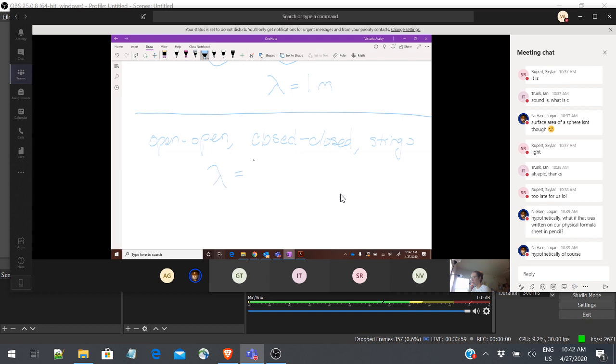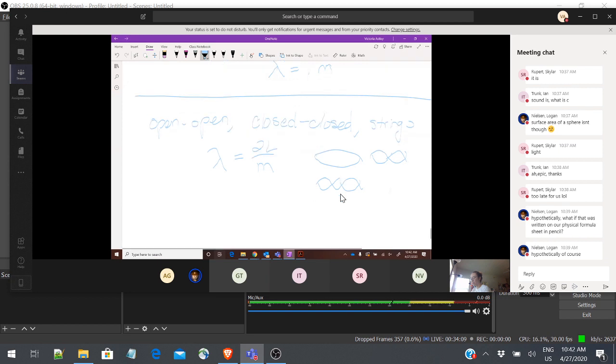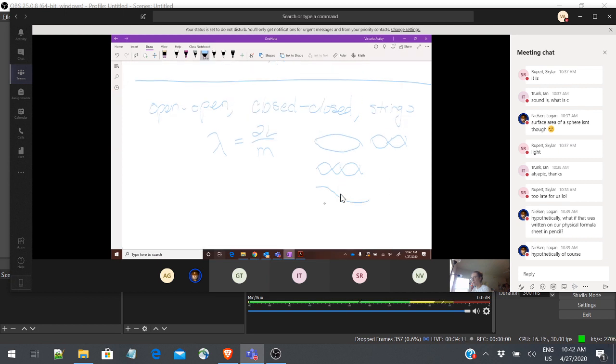The lambda is 2L over M. They all either look like this, or for open-open, it's the other way. But in both cases, there are 2 nodes and 1 antinode, or 2 antinodes and 1 node. And they all follow this pattern.